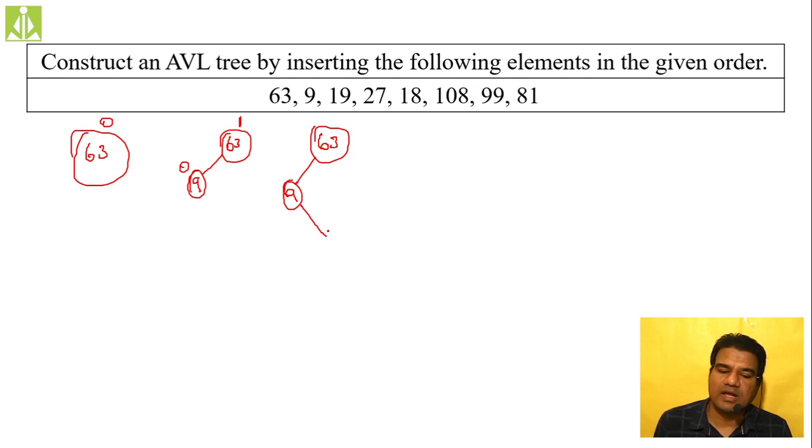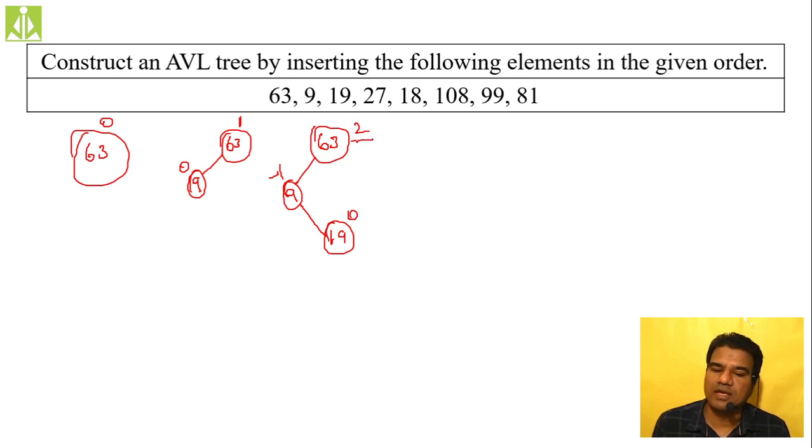So that 19 will come over here. Now calculate the balance factors. For 19 the balance factor is 0, no left, no right. For 9 the balance factor is 0 minus 1, minus 1. For 63 the balance factor is 2 minus 0, it is 2.